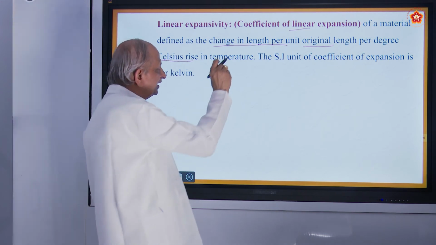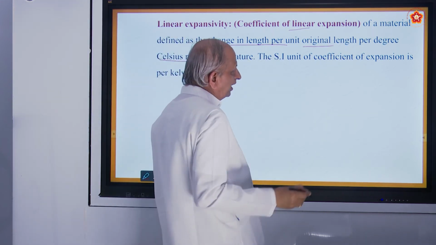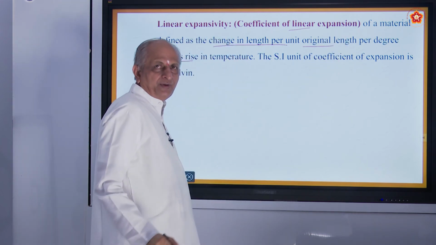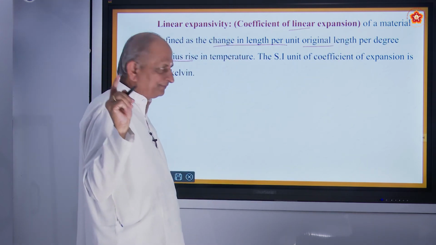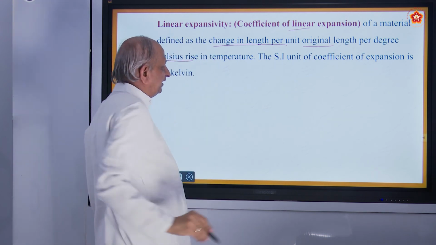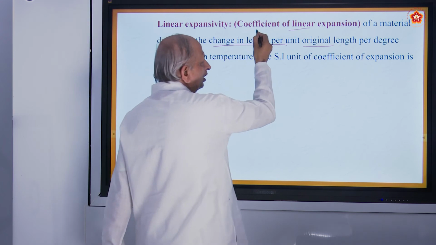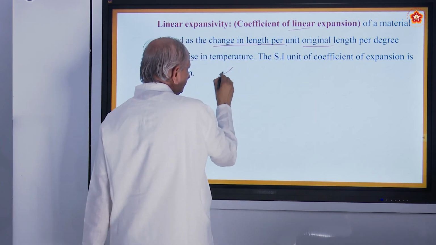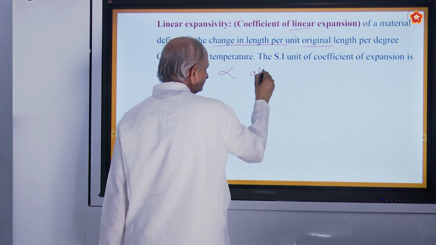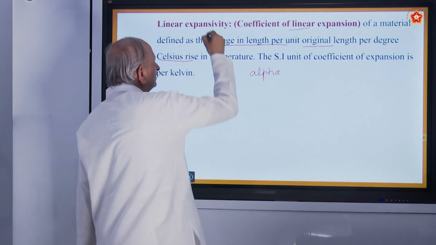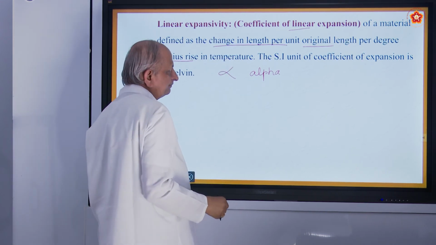There will be a change in the length, and the change in length per original length for every degree rise in temperature is called linear expansivity, or coefficient of linear expansion, denoted by the symbol alpha. Alpha means nothing but linear expansivity.